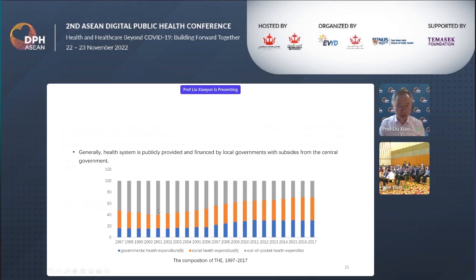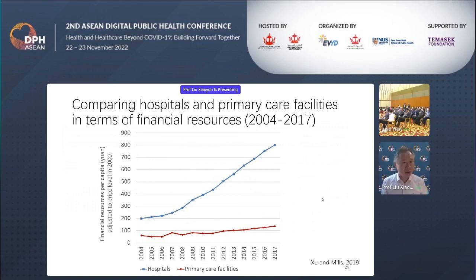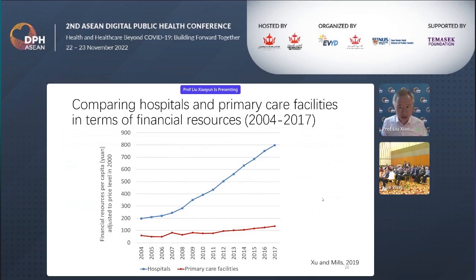And due to the expanding of health insurance schemes, this proportion of out-of-pocket payment decreased to now less than 30%. The target objective of this indicator is to reach 25% by the year of 2030 in the Healthy China strategy. So we were comparing the financial resources that go to the hospital and primary care facilities.